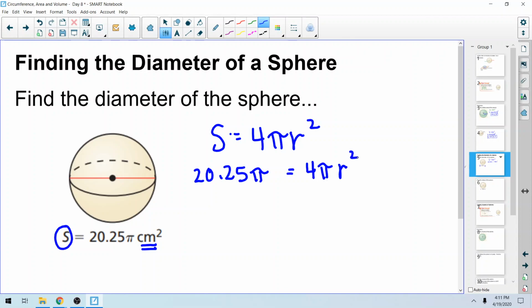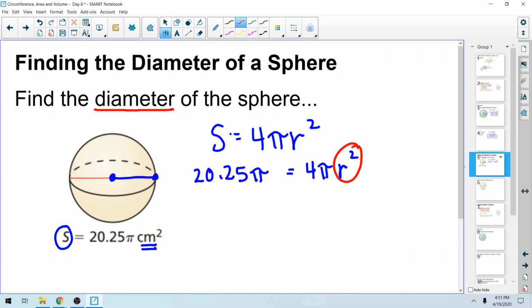And I don't know the radius because I'm looking at my picture, and they haven't given it to me, so I'm just going to leave it as a variable. I'm trying to find the diameter. I don't know the radius, but I bet if I could find the radius, I could then use that to get the diameter.